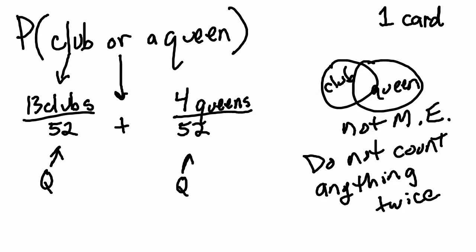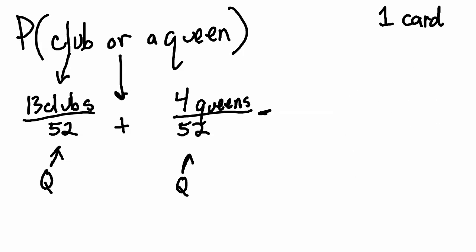So we have to subtract one of those out. We have to subtract out the queen of clubs. So I'll write that formula for you. But if they're not mutually exclusive, then you end up counting things twice. And so we want to take out one of the queens of clubs.